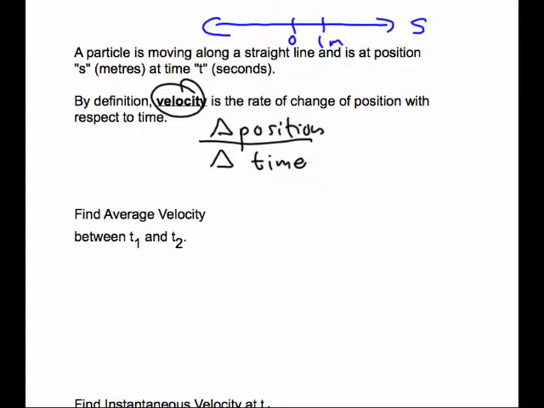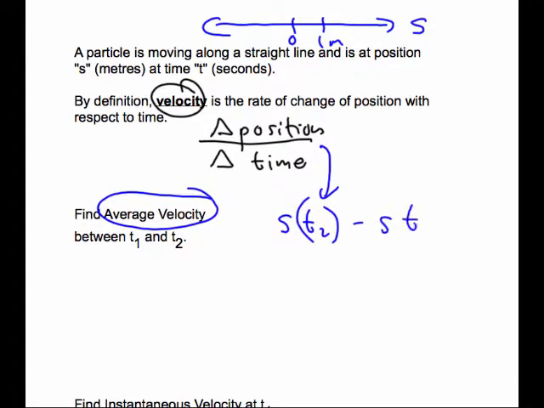Okay? So it's the change in position. Alright, so I'm moving into average velocity, which will be the change in position with respect to time over an interval. So applying the formula, it's going to be the change in position, subtract the two positions, divided by, subtract the times. And that will be average velocity.